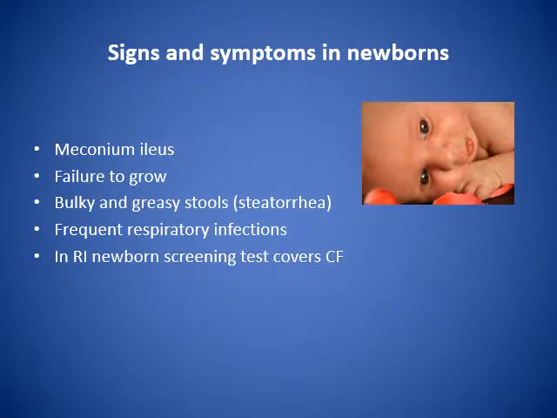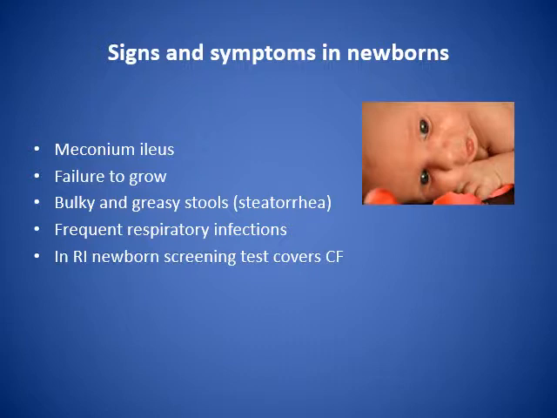Signs and symptoms in newborns you might see is a meconium ileus. You all know that meconium is the stool that forms in the intestines when fetuses are in utero. Children sometimes will have difficulty passing it and have an ileus of meconium. It's not always associated with cystic fibrosis, but it can be.